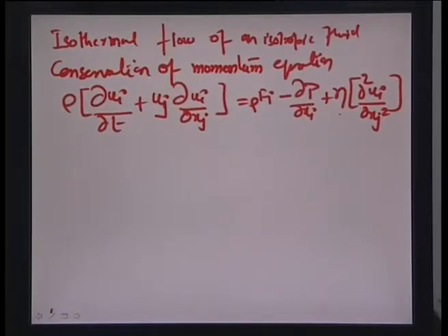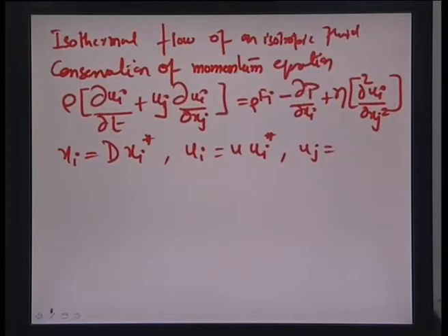Now if we want to substitute the different values of the non-dimensional numbers here, we have two numbers, as you may recall from the last slide. So xi is d xi star, and all velocities, whether it is ui or uj, are essentially ui star and uj star. We are just talking about a scale. u is a representative velocity at the particular scale of interest.